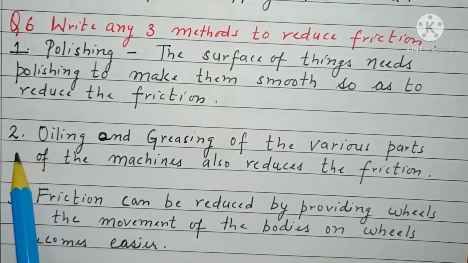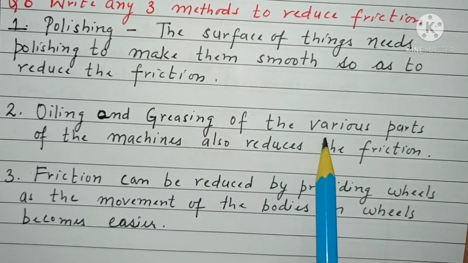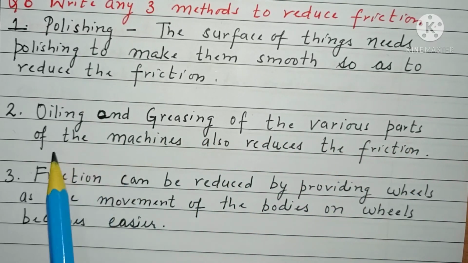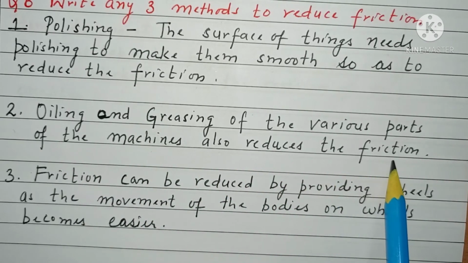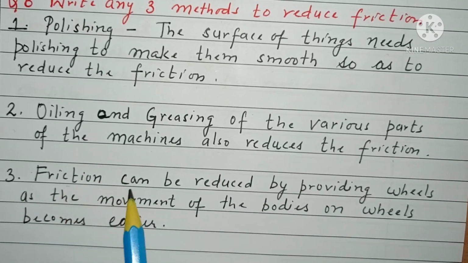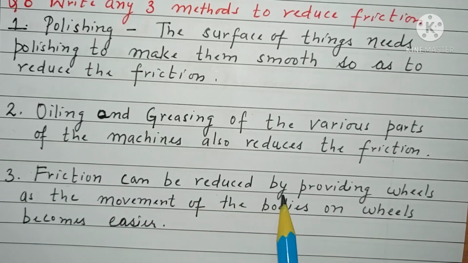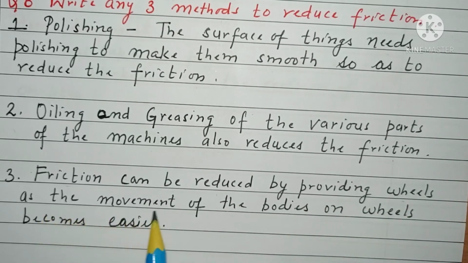The second method is oiling and greasing of the various parts of the machines, which also reduces the friction. Number 3, friction can be reduced by providing wheels, as the movement of the bodies on wheels becomes easier.